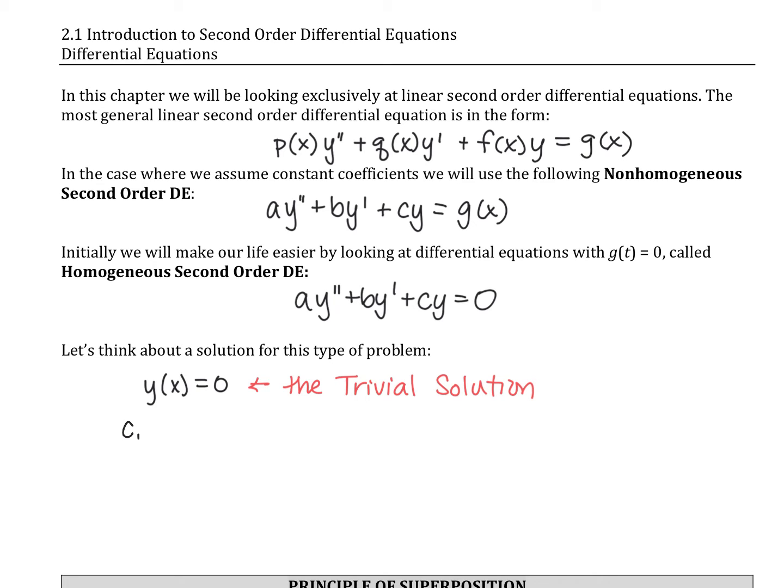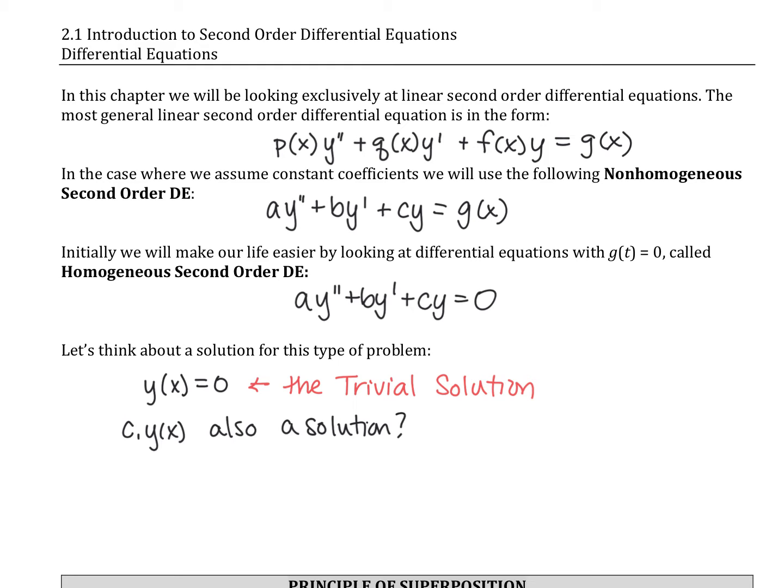Could c1 times y of x also be a solution? Is it? Or would it be? If I multiply it by a constant. It's a solution if and only if y of x is also a solution. Right. If y of x, yes.